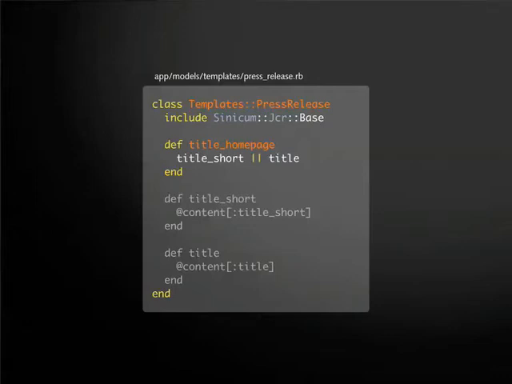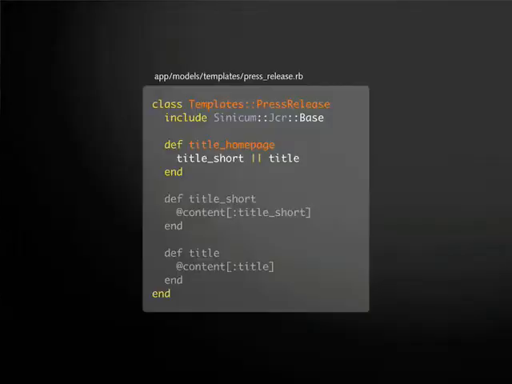Then in this model class, I define the method I want to use. I call it title homepage, and here I say I want to use the short version of the title, or if this is not defined, the regular title. And that's basically all you have to do to implement the first requirement. Use the short version, or if it's not available, use the longer version.